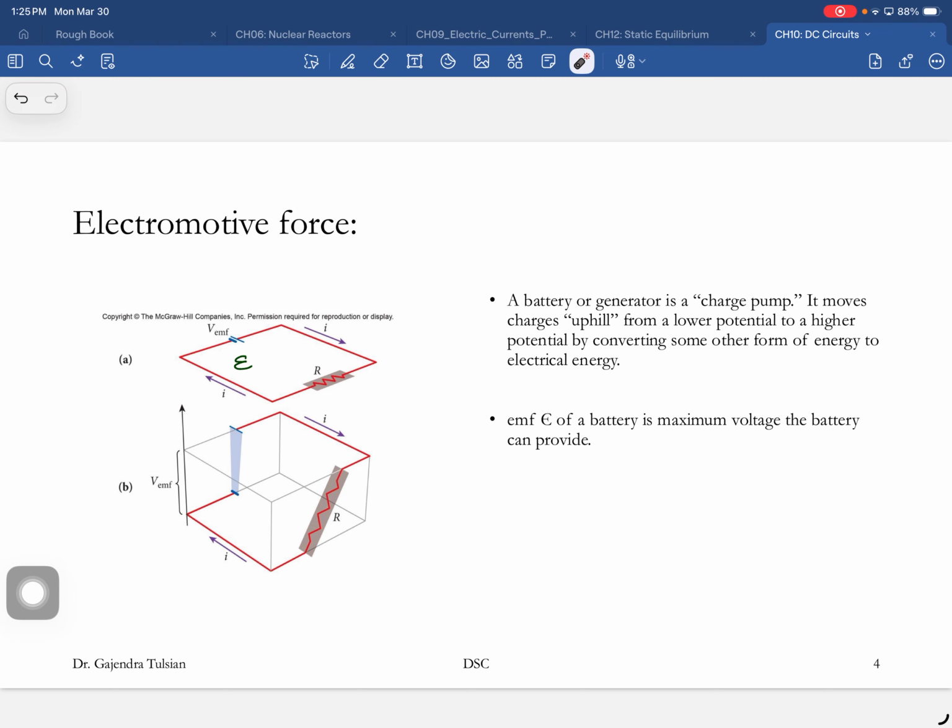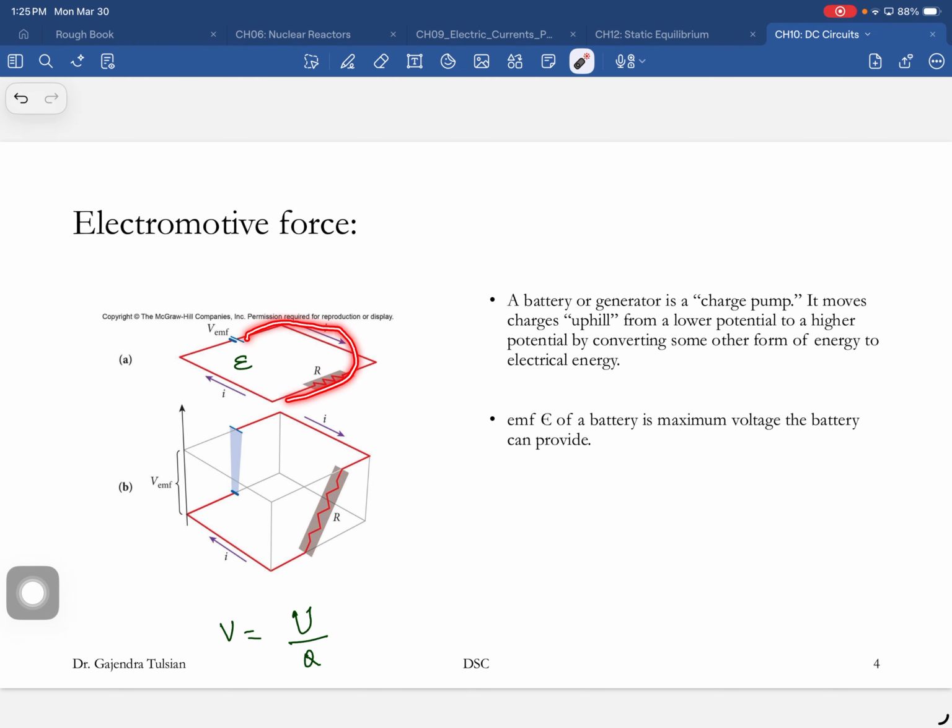The voltage you see, VB minus VA, is the maximum voltage it can provide minus I times R. When a current I is flowing, there's a voltage drop across this internal resistance, which is I times R. So what you're seeing is the maximum voltage minus this. When can you see the maximum voltage? When internal resistance is 0. Then you can see the maximum voltage.